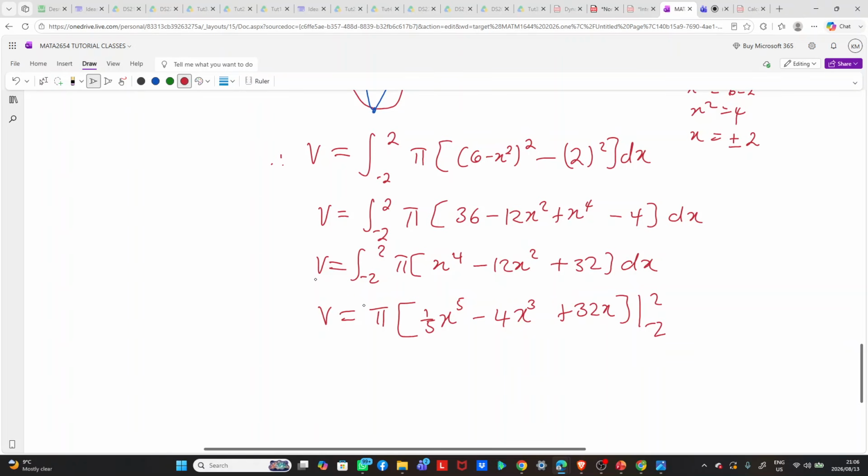If you are smart enough to remember the technique, whenever you are going from -a to a, you can realize that this is the same as 2 times the volume, which is 2 times pi times 1 over 5 x to the 5 minus 4x to the power 3 plus 32x, where you evaluate this now from 0 to 2.